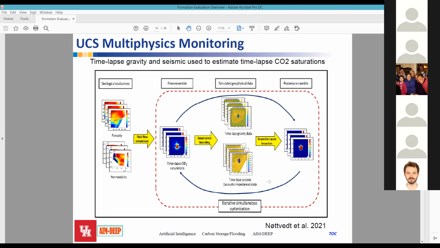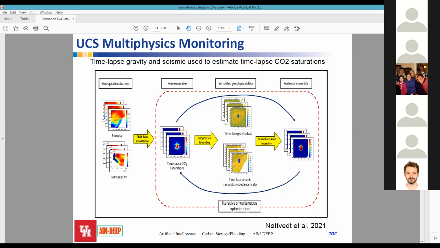So here I'm showing the integration of the gravity surveys and seismic data. This is a very recent paper. They started with the prior realization of the geological model, including the porosity and permeability, and they ran the fluid flow simulators, and then got the values of the CO2 saturations at different time steps.